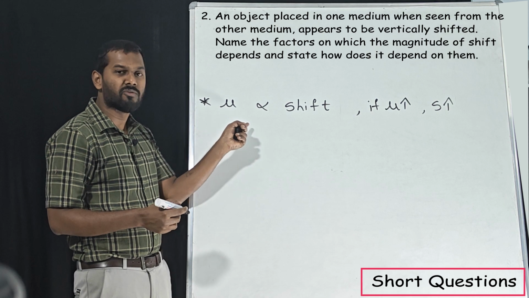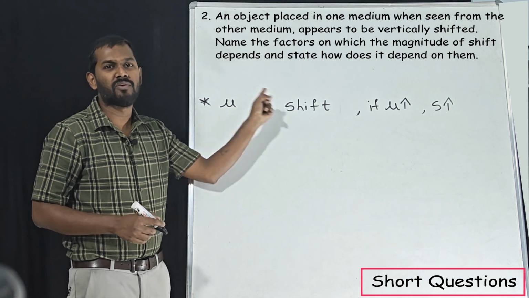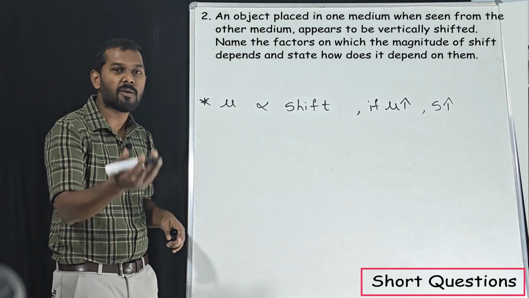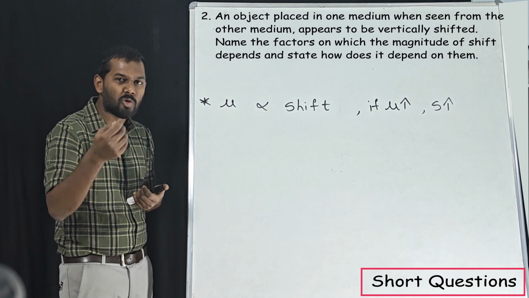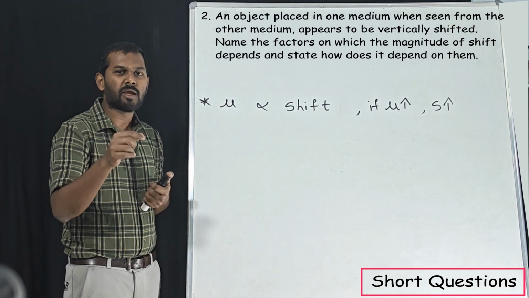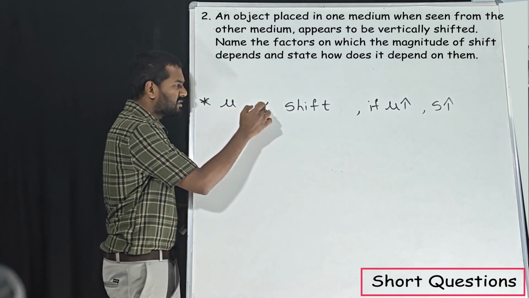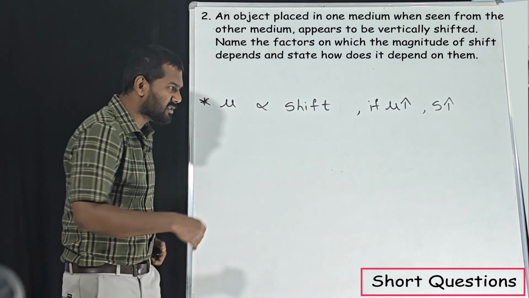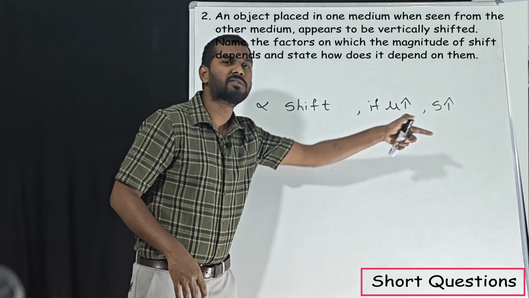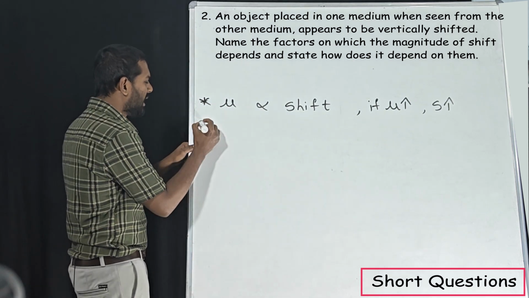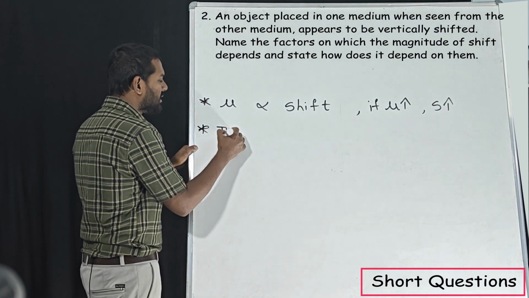See, refractive index will affect shift. Shift will never affect refractive index. The same concept. You can make dosa with batter. You cannot make batter with dosa. So understand this one. Refractive index is directly proportional to shift. That means if refractive index increases, shift also increases. Next, thickness.